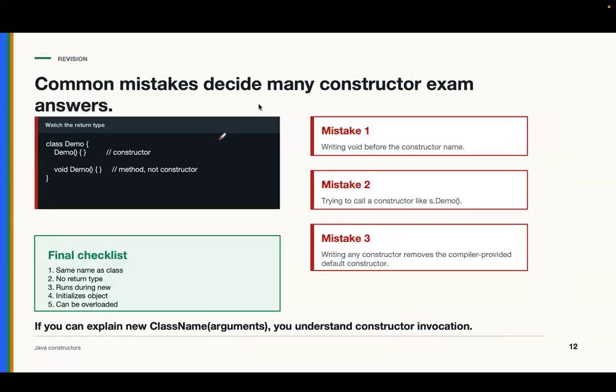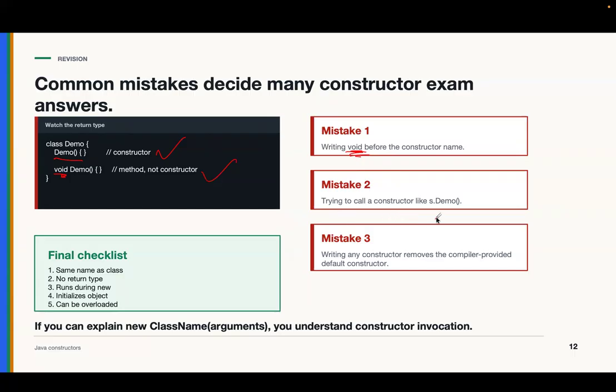So what is the common mistake we make? Class demo. This is a constructor. But with void demo, when you use void, it becomes a method, not a constructor. So mistake one: writing void before it. You are not supposed to write anything like void or int before the constructor. It should be plain.